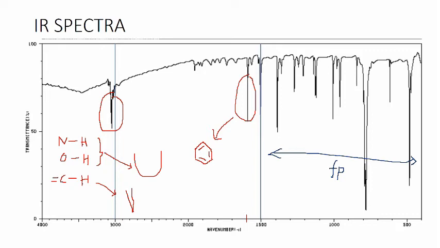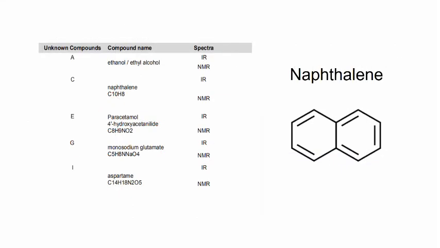So this medium sharp signal tells us that it represents the aromatic CH bond, where there is a double bond attached to the carbon of the CH bond. Since we got benzene ring and aromatic CH bond in this spectra, it can be concluded that this functional group or type of bond matches the structure of naphthalene, where there are two benzene rings and aromatic CH bonds in its structure. So compound C is actually naphthalene.